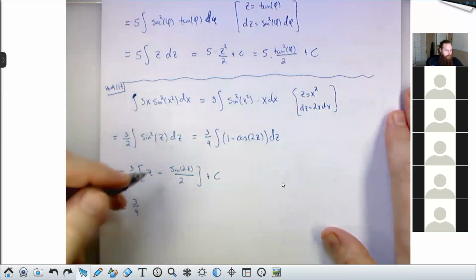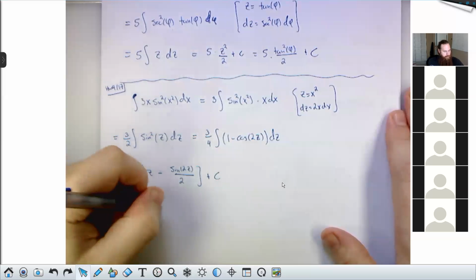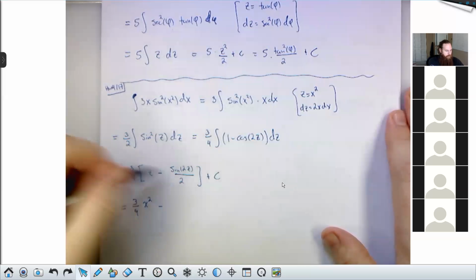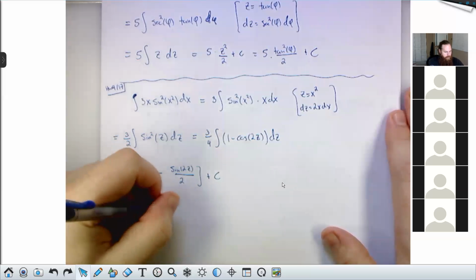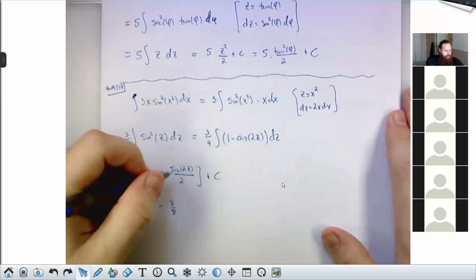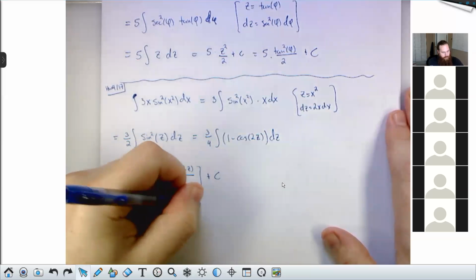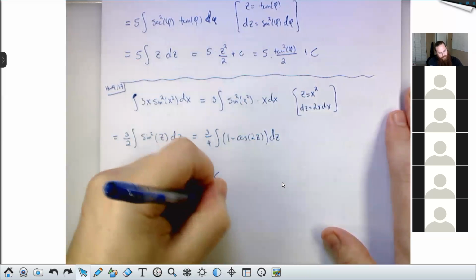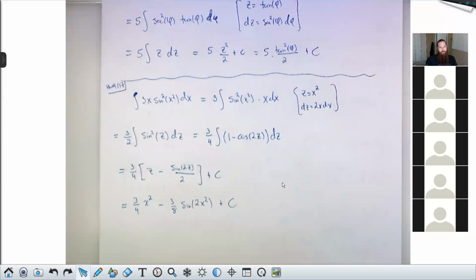So I'll get 3/4 times z, which is 3/4 times x squared, minus, I've got 3/4 and then a 1/2 here, so that's 3/8 times the sine of 2z, that's the sine of 2x squared, plus a constant. It's a neat problem.